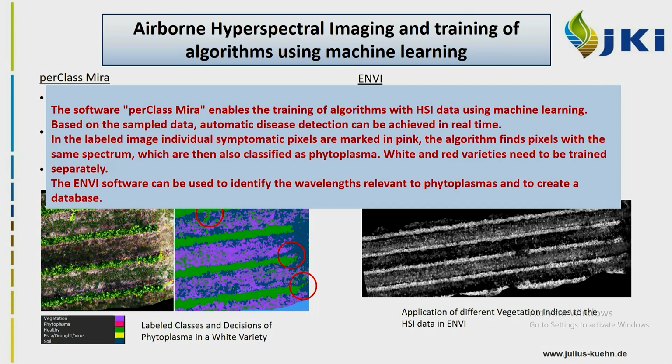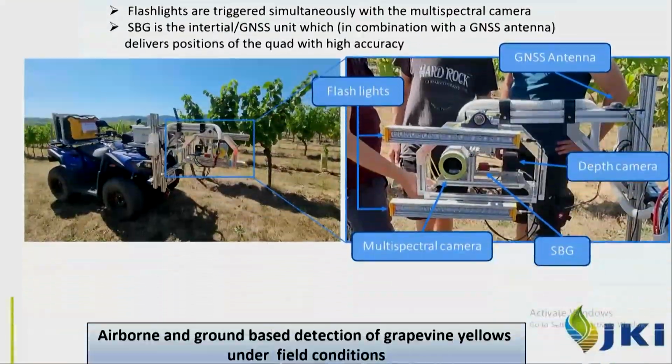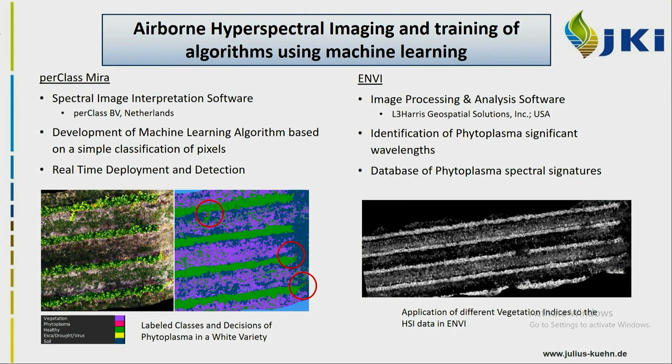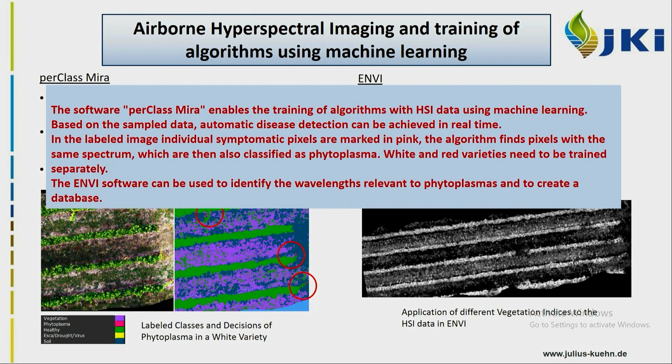Here we have the labeled symptomatic pixels, which are marked in pink, and the algorithm finds pixels with the same spectrum, which are then also classified as phytoplasma. White and red varieties need to be trained separately. And the ENVI software can be used to identify the wavelengths relevant to phytoplasmas and to create a database.